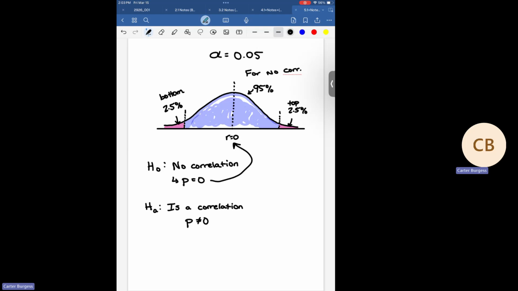We don't necessarily know how strong it is, but we do know that it's not 0 if there is in fact some kind of correlation here. So this is another way to say that there is a correlation, which is that the population parameter is 0 or not 0, depending on whether it is true or false.